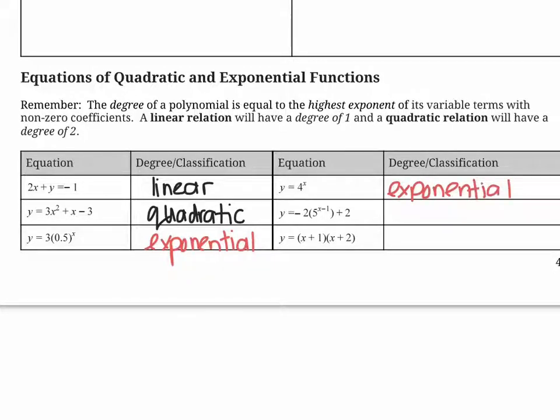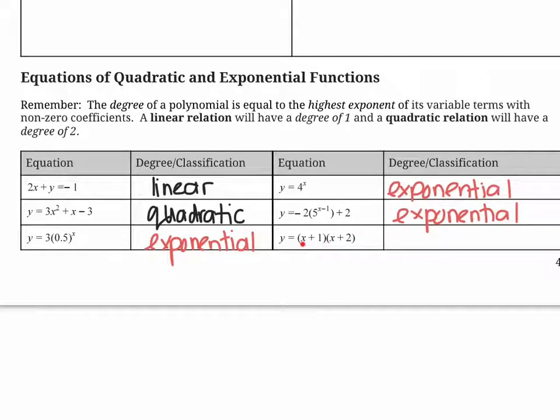What about the next one? -2, then we have 5 to the power of x minus 1. Even though it says -1 here, the exponent involves a variable. Therefore, this one is also exponential. How about this last one here?